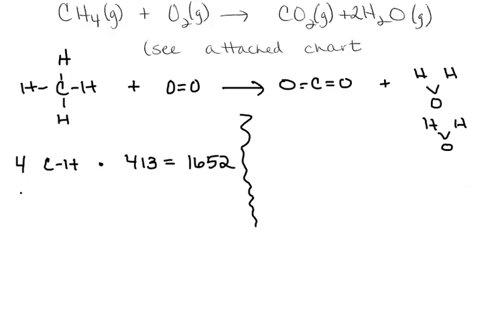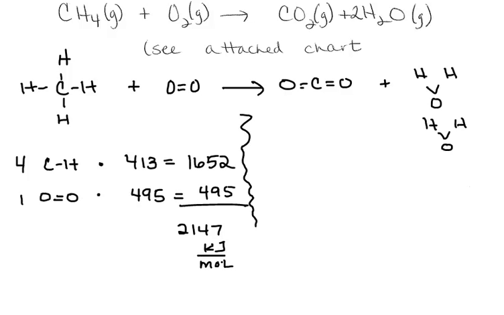All right, now I have 1 oxygen bonded to oxygen, and that's 495 kilojoules per mole. So now you need to remember that with bond energies, that's the energy required to break a chemical bond.